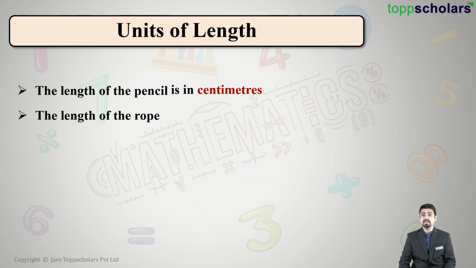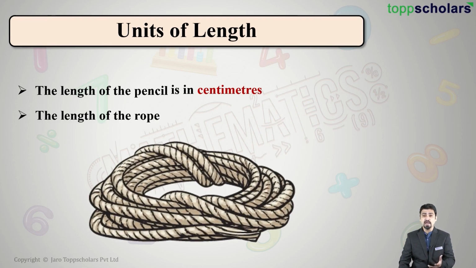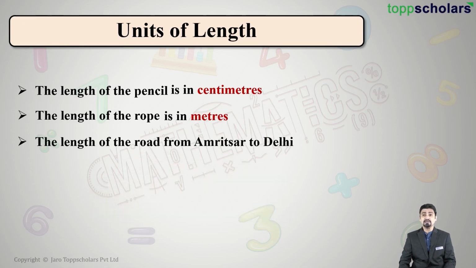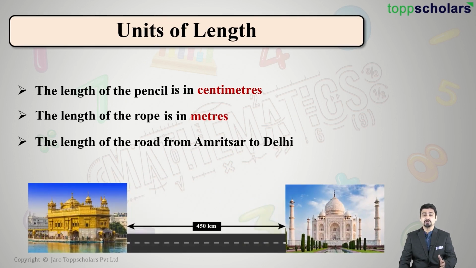Similarly, if I say I want to measure the length of a rope, the length of a big rope like this is generally measured in meters. Now, if I tell you to find the length of the road from Amritsar to Delhi, in which unit would you measure this distance or the length?